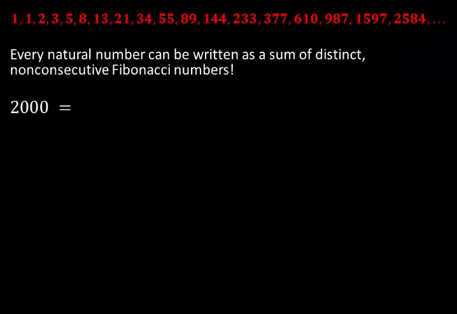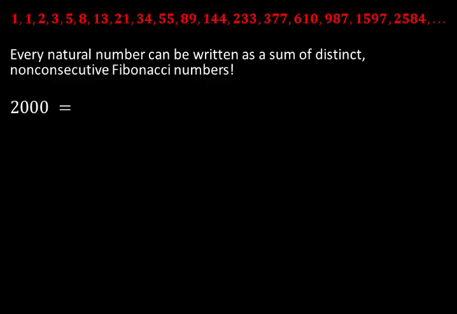This is another interesting fact about Fibonacci numbers. You've known since middle school that every natural number can be written as a unique product of prime numbers. And that's been very useful to you. That's why you learned it in middle school.